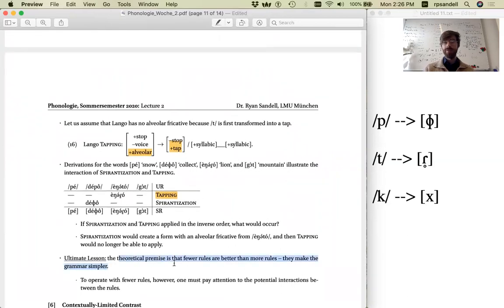And the theoretical premise here is simply that fewer rules are better than more rules. Whenever we can explain more of the facts of the language using fewer phonological processes, this will be preferred. But when we want to work with fewer rules, we have to pay attention to the potential interactions between the rules.